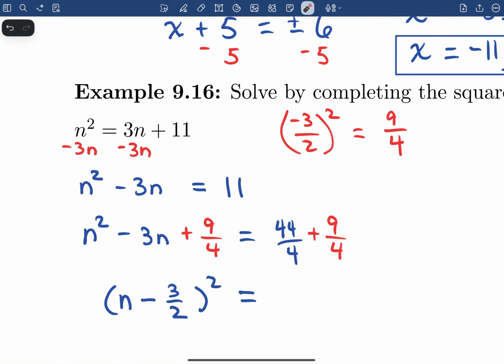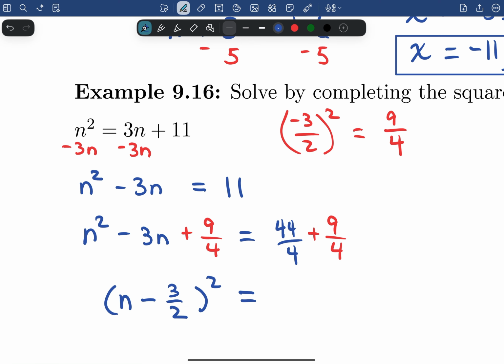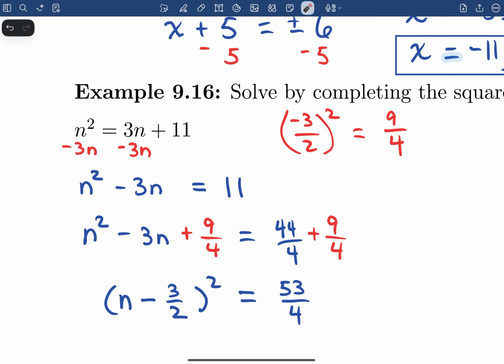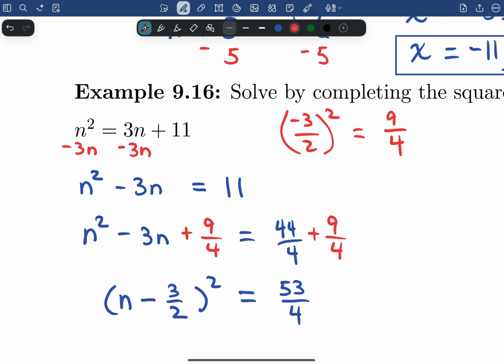Because now I can add fractions with the same denominator. 44 plus 9 is 53, and that's divided by the common denominator of 4. Great. Now let's go ahead and have fun. To finish, I'm going to use the square root principle, right? Now that we have this binomial squared, I can take the square root of both sides here. Beautiful. And I always include that plus or minus sign. Great.